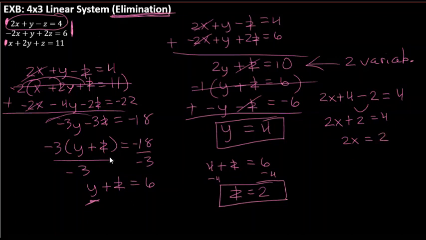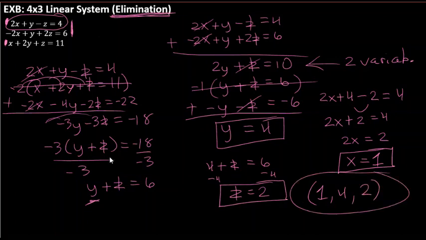I'm going to be left with 2x equals 2, and therefore x is 1. So my solution is x, y, z. And that's about all there is to it. Elimination is much simpler on these. Substitution obviously gets really, really ugly.